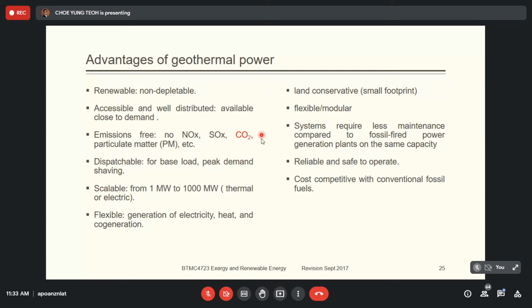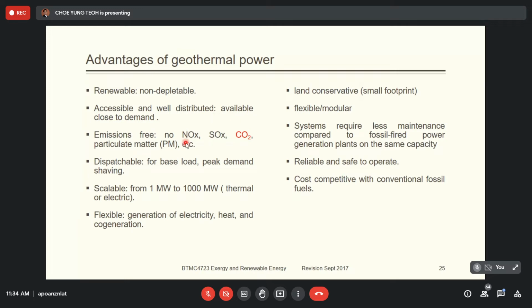But for this emission free claim, you can see that I actually highlight the CO2, because not all geothermal power plants have zero CO2. CO2 is dissolvable in water, so if the geothermal resource itself contains CO2, then it will release CO2. It depends on what type of resource you have.